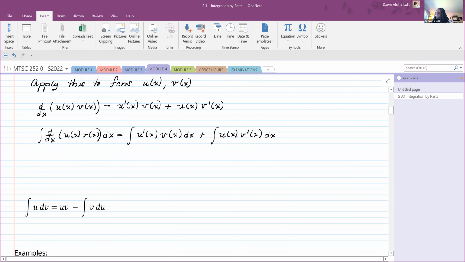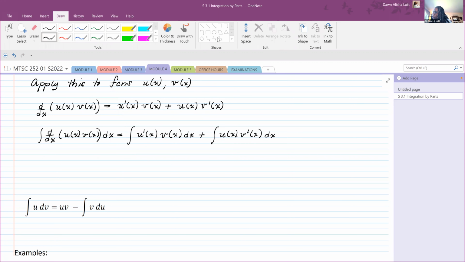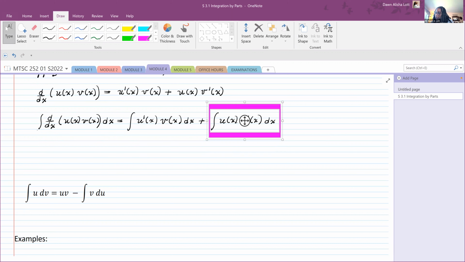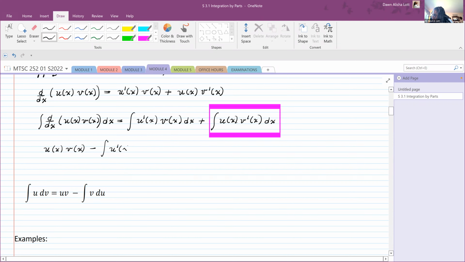All right, so now I want to solve for this term. Okay, so the first thing is when I do the integral of the derivative, I'm just going to get U of X times V of X. And then I'm going to subtract this and get the integral of U prime of X, V of X dx.